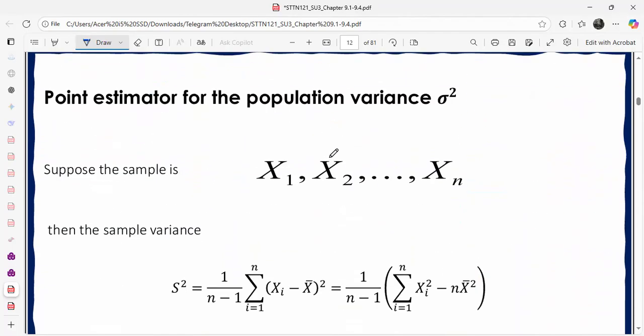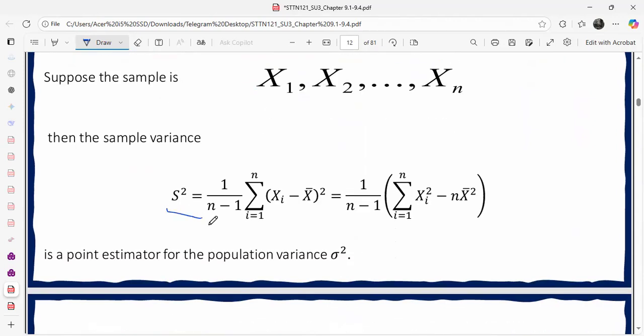Then for the point estimator of a population variance, you are going to use this formula for the standard deviation. Even for the standard deviation, you can substitute the values on the calculator and get the standard deviation.